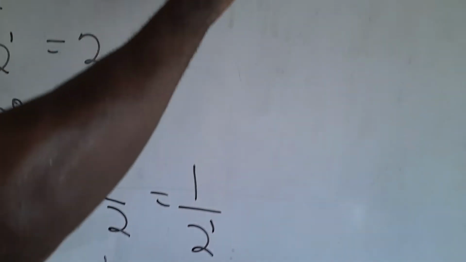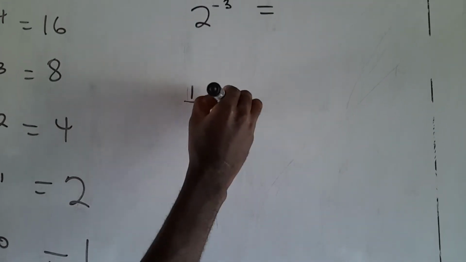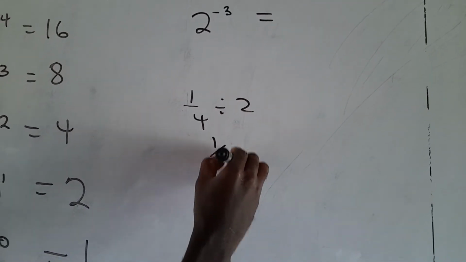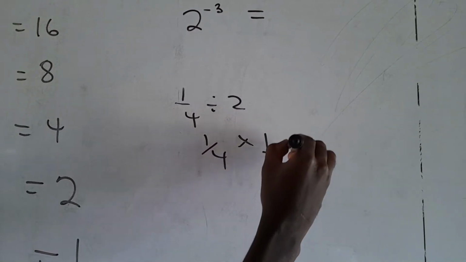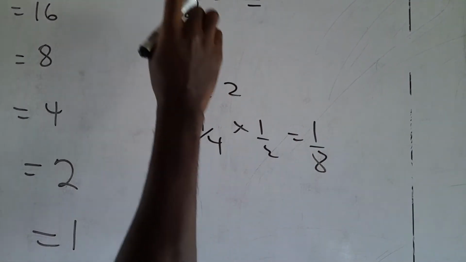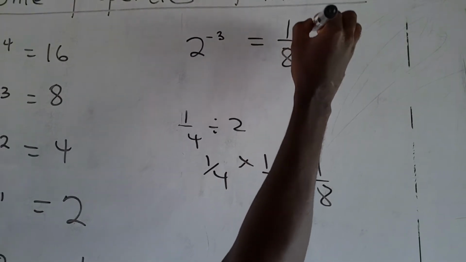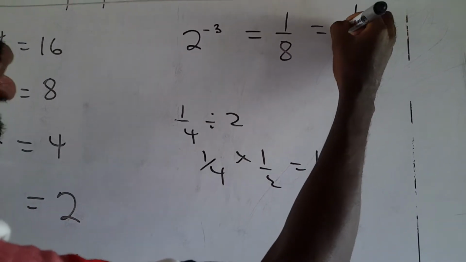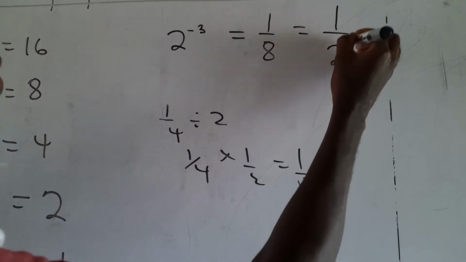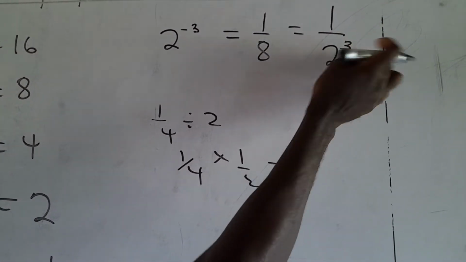So that will be 1/4 divided by 2, which will be 1/4 times 1 over 2, which is 1 out of 8. So 2 exponent negative 3 is 1 out of 8, which is equal to 1 over 2 exponent 3. 8 is 2 exponent 3.